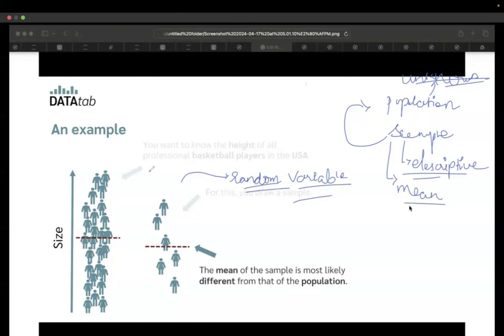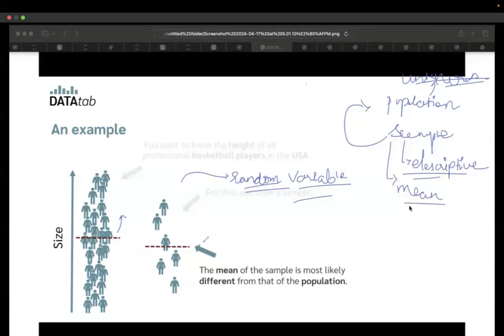Suppose we have drawn one sample. Now, consider this is the mean of the population. With some calculation, let's say census calculation and university calculation, we have an idea of the population mean.